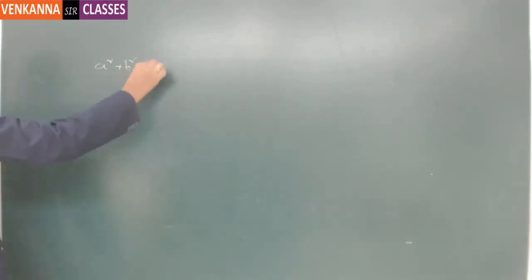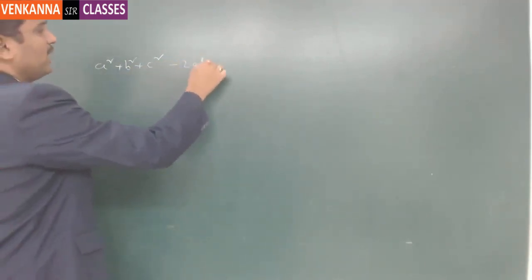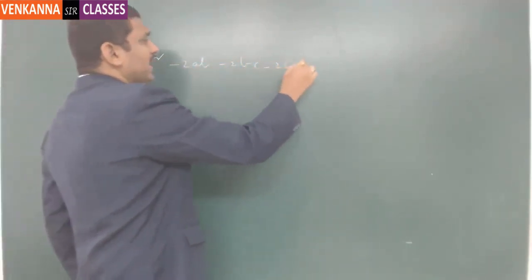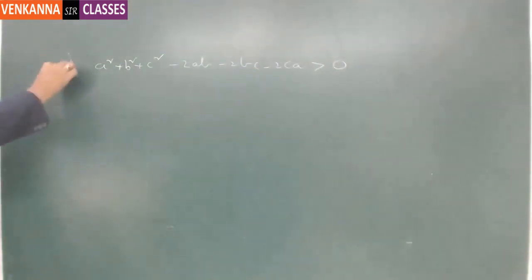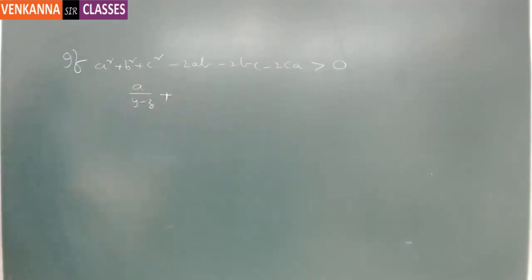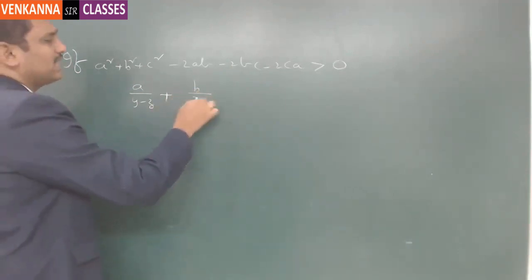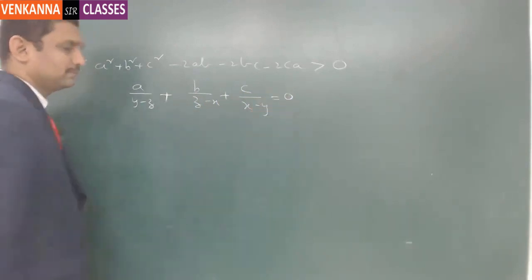It is given that a square plus b square plus c square minus 2ab minus 2bc minus 2ca is greater than 0, and one equation is given in the problem: a by y minus z plus b by z minus x plus c by x minus y equal to 0.